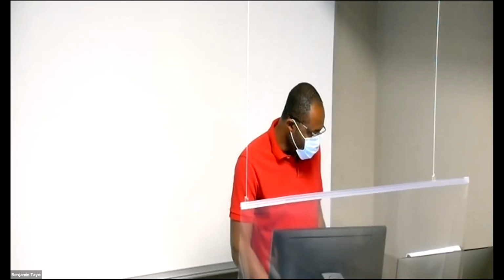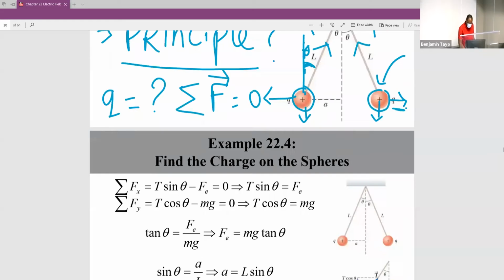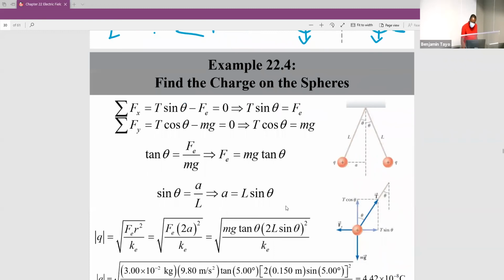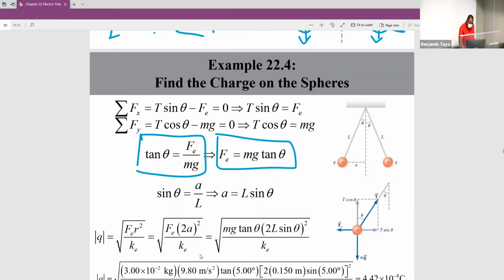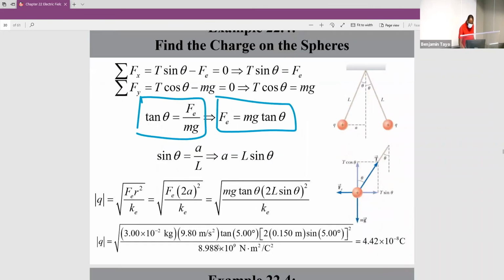So let's open this. If you plug in everything here, you see this is the same equation that I was talking about, and this equation right there. Then you can do a little bit of tricks here, but it tells you how you can calculate your a, and then if you just solve this equation here, you get this value, this charge.